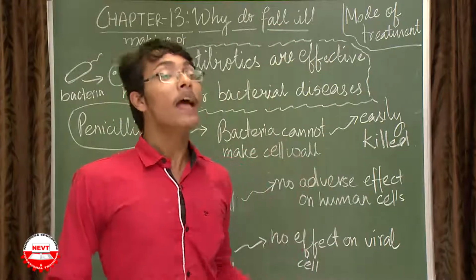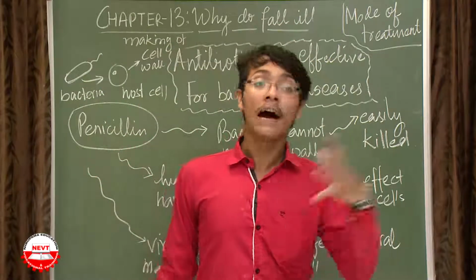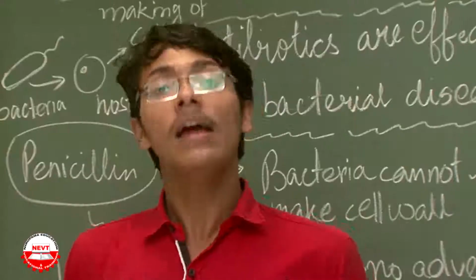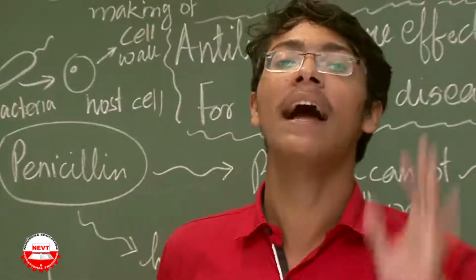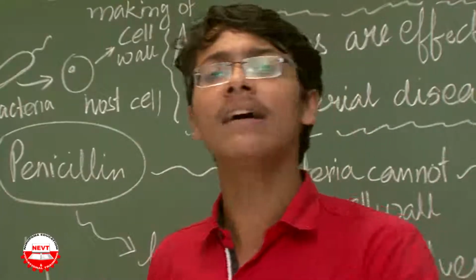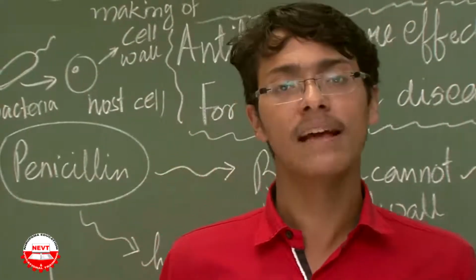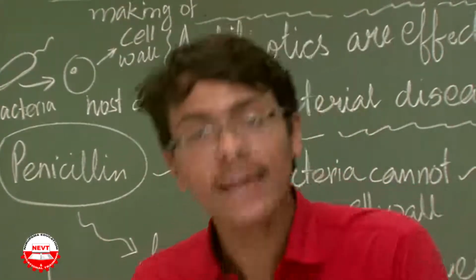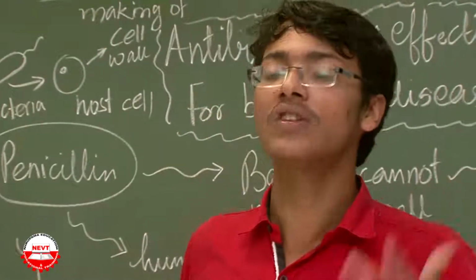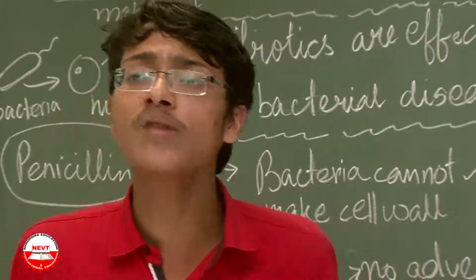Now why not other groups of infectious agents? The virus has no such mechanism of making a cell wall, and neither does fungus. When they are not manufacturing any cell wall, what will the penicillin obstruct?